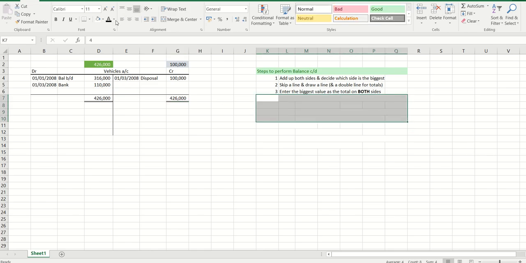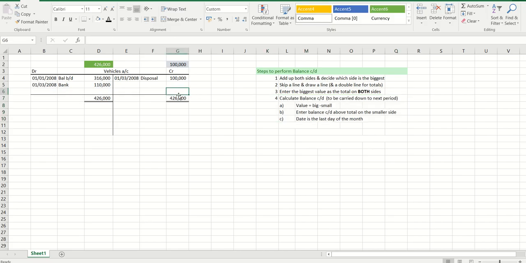Now we're going to do our balance CD. So balance CD is always done above the total on the smaller side. So this is our smaller side. So above the total on the smaller side, and the value is going to be the big number minus the small number.